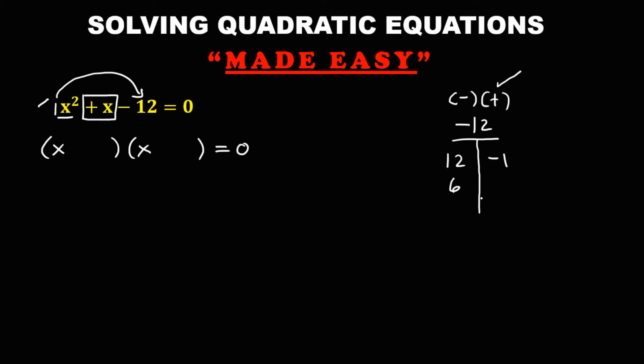Then we also have 6 times negative 2 and 4 times negative 3. So these are the factors of negative 12.